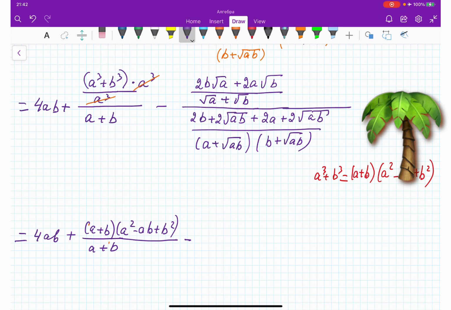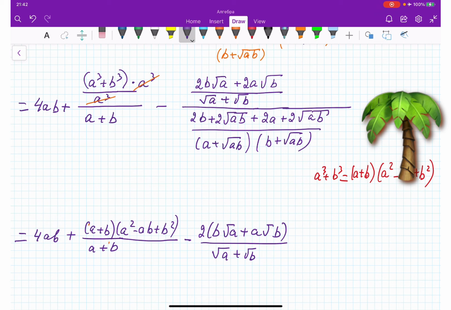So this one, in numerator 2 is a common factor, so I'm going to take out, it's going to be 2b square root a plus a square root b divided by square root a plus square root b. Yes.